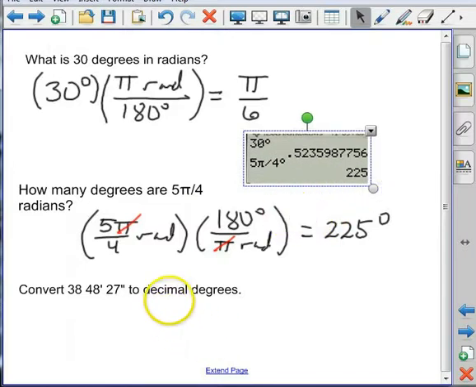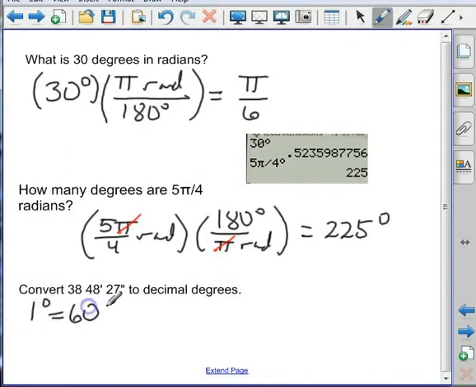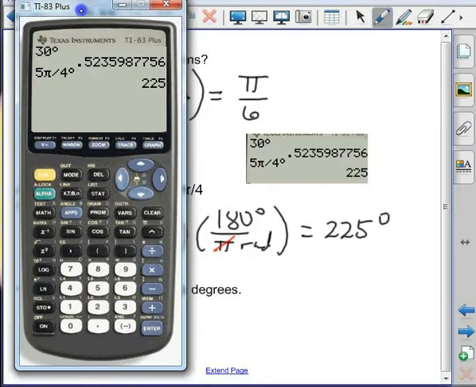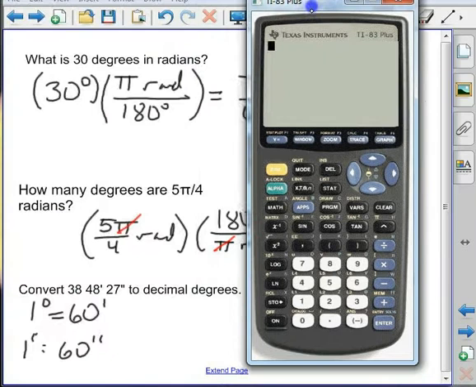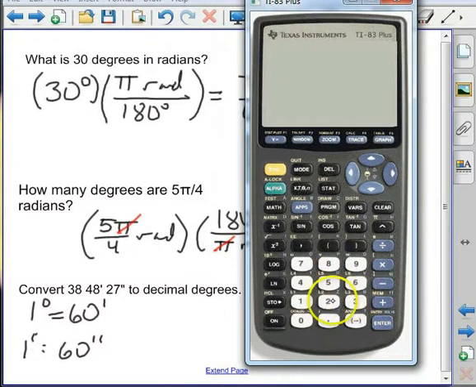If we're measuring things in degrees, we can also knock those degrees down into smaller units. For example, 1 degree is equal to 60 minutes. 1 minute is equal to, guess what, 60 seconds. So if I want to convert 38 degrees, 48 minutes, and 27 seconds to decimal degrees, I'm going to take the 27-second part.